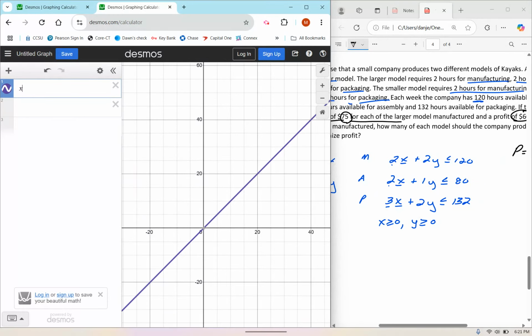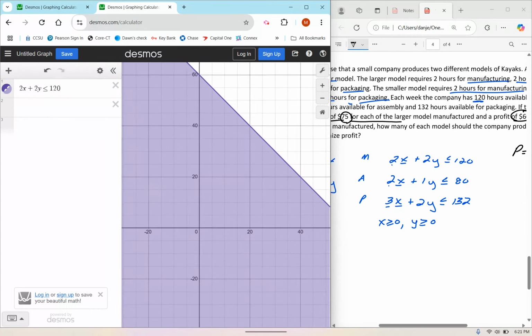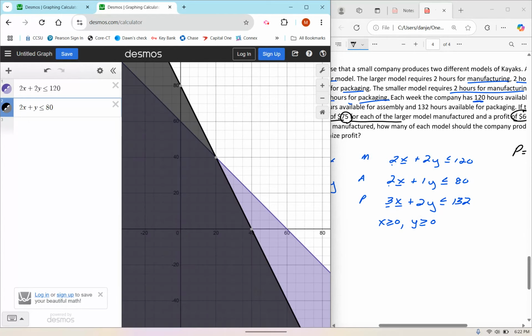I've shown you some Desmos in the past. So 2x plus 2y is less than or equal to 120. Now I think I'm going to scrunch this a bit. And then we have the second equation, 2x plus y is less than or equal to 80.